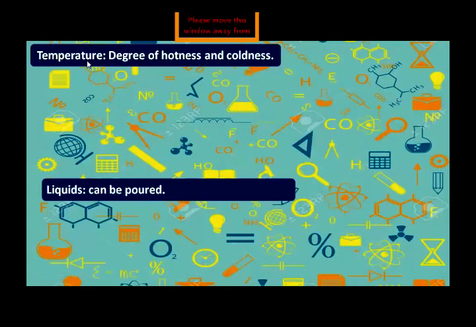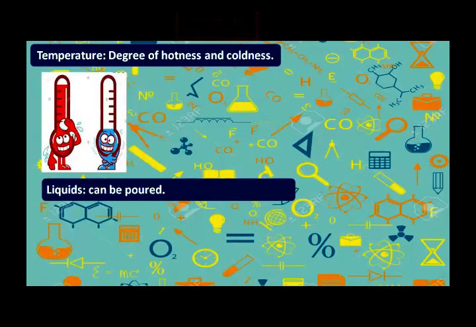Now the temperature. We can tell how hot or cold something is by measuring its temperature with the help of a thermometer. Beta, temperature means the degree of hotness and coldness. That means temperature can tell us how hot or how cold something is.